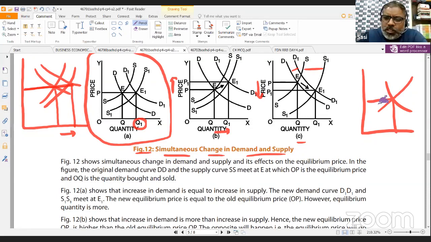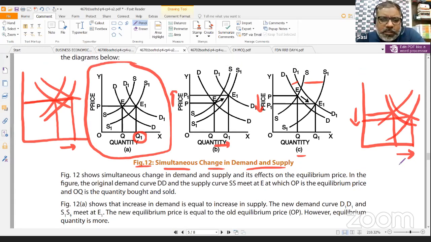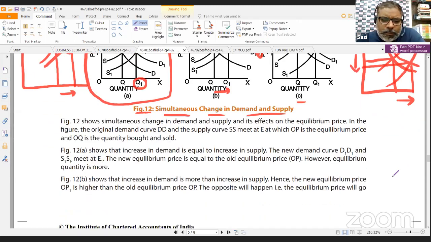After that, change both. If you want more supply to happen, here give a big gap and here give a small gap. Then you will understand what happened here. Price decreased, quantity increased. Simple. So for any change in the demand and supply, all that you need to do is put pencil on paper and just test yourselves what happens when there is a change according to whatever is given.